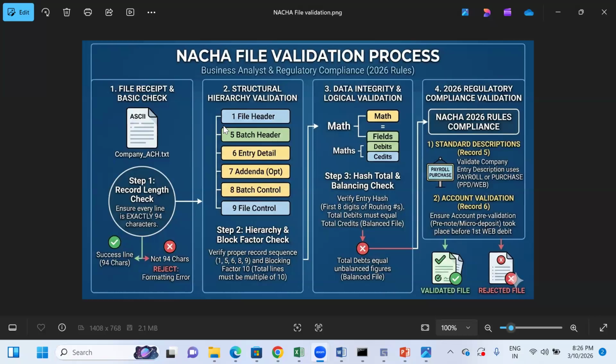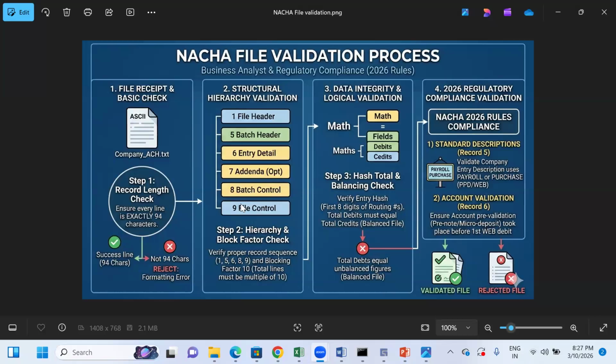Verify proper record sequence. 1 is the file header, 5 is the batch header, 6 is the entry level, addenda is optional, 7 is the addenda, batch controls are 8, and the file control is 9. These are the record types that are used here. Next.